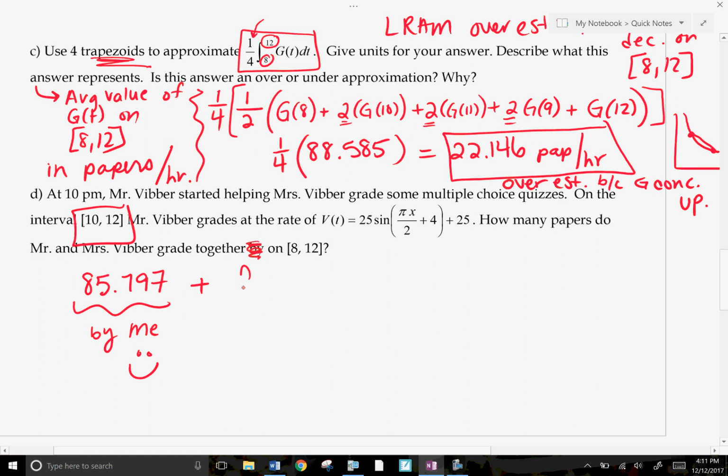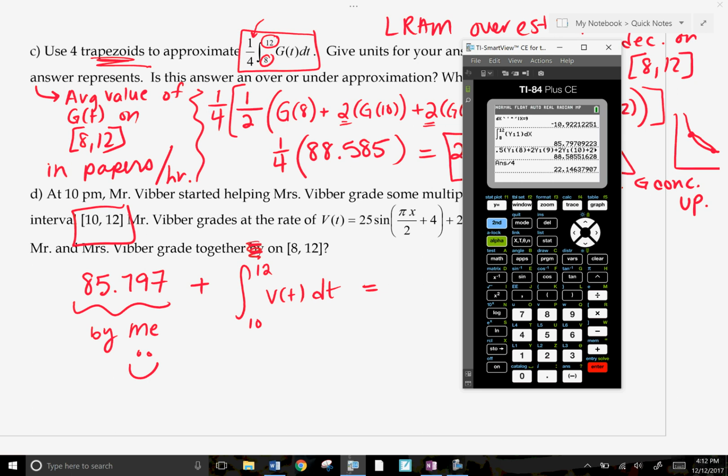So I'm going to take the integral from 10 to 12 of v of t dt and add it to my original. I'm going to pull up my calculator again and do math 9, the integral from 10 to 12 of 25 sine. Remember, you're in my class, so you should be in radians.